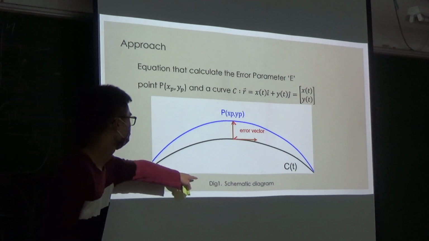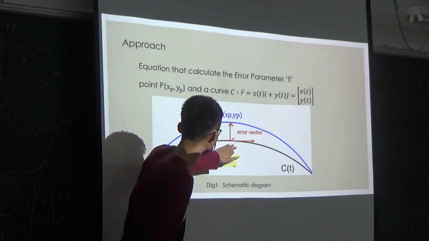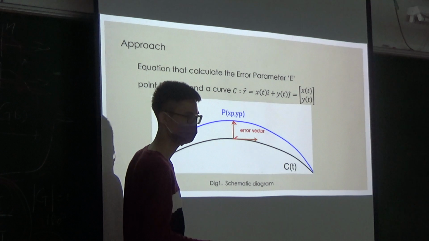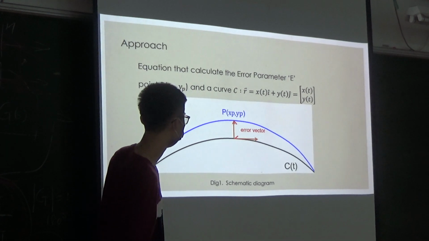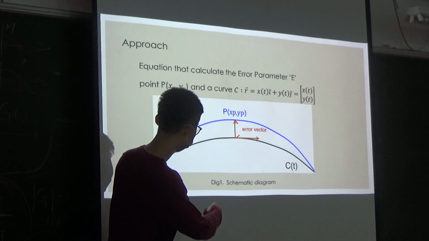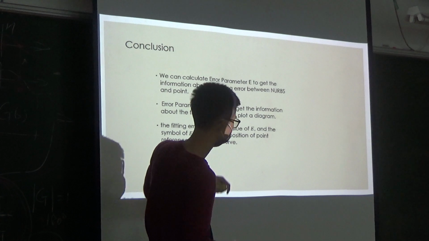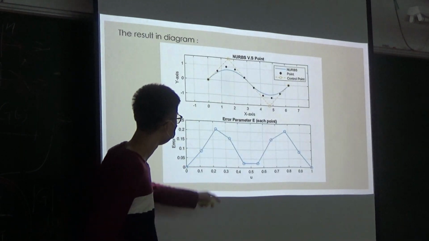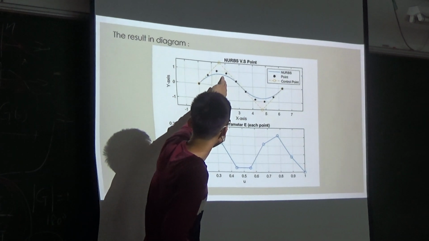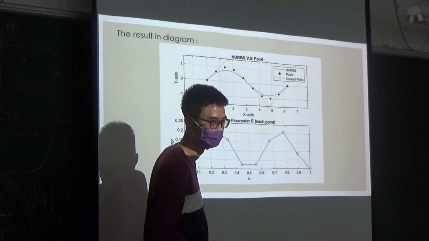I said this C curve. What is C curve? It's a NURBS. What is P? I don't understand it.